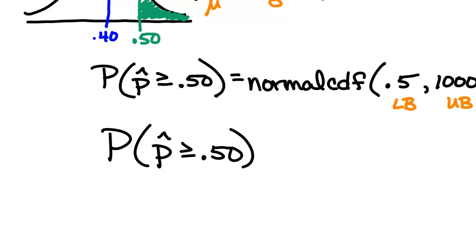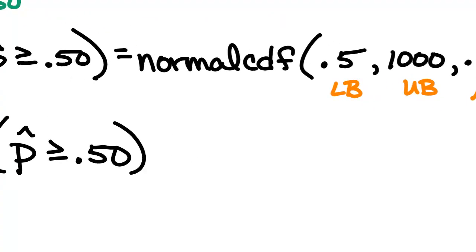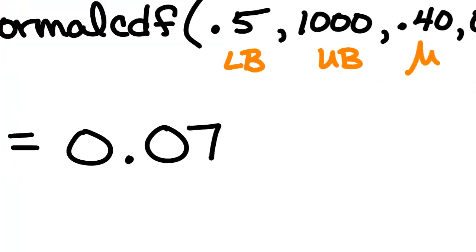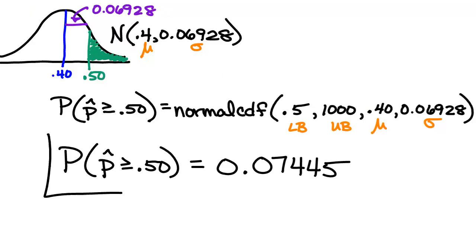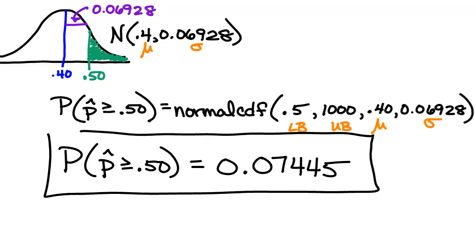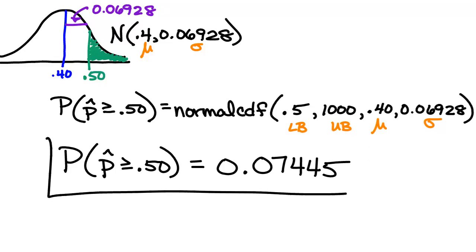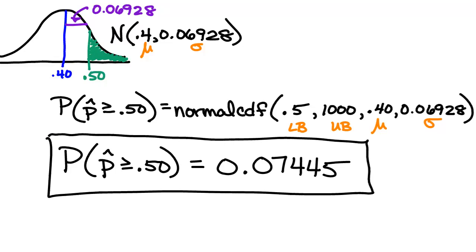Oh, I got something smaller than 0.141. 0.07, what were the last two? 445. Yeah, that's what I got also. I would double check where your decimal points went. Probably in the standard deviation, that would be my guess.